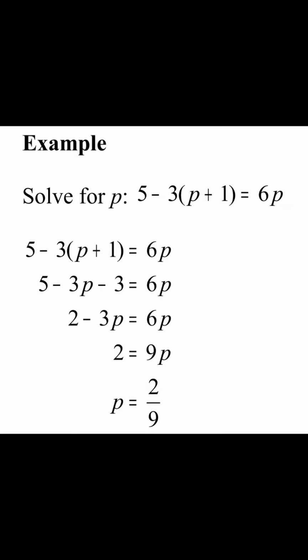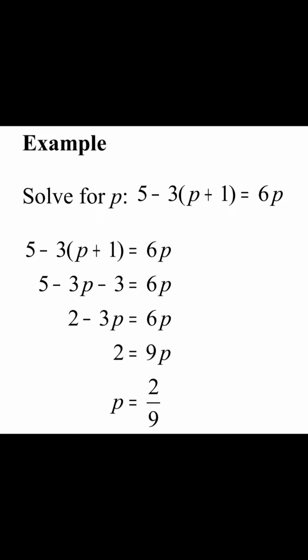Right, so the first step I think is to eliminate the brackets and take the terms out of the brackets, and so that becomes 5 minus 3 times p minus 3 times 1. If you can see what's happening there with the brackets, what they've done is simply taken the 3 and the p and multiplied them together, because that's what you do with the two terms.